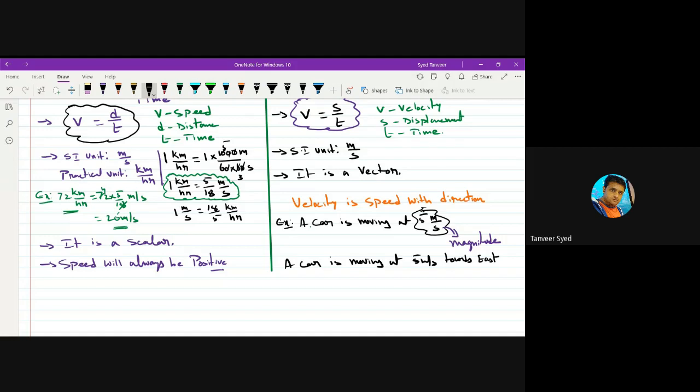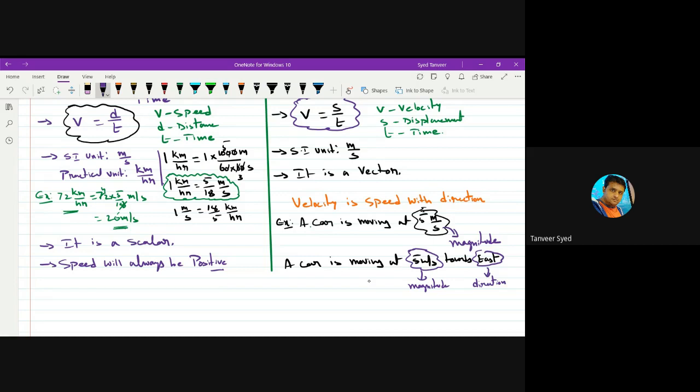The motion of that car is completely described by this statement. 5 meter per second gives you the magnitude, east gives you the direction. And of course, we don't always use east, west, north, south. We have our own method to represent directions in vectors by using IJK unit vectors. We will be using IJK unit vectors to specify the direction.